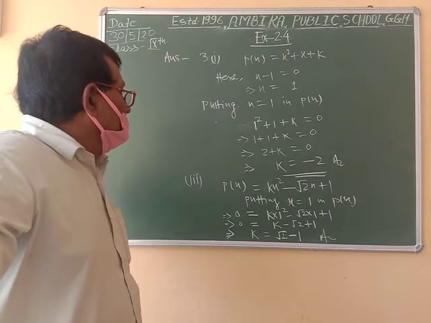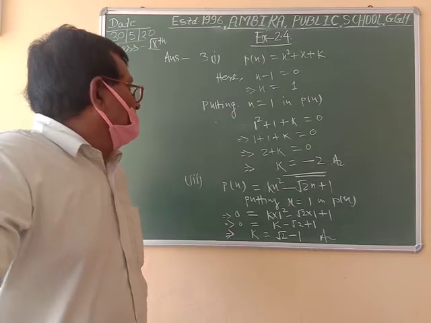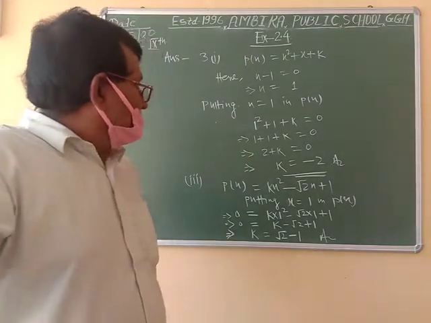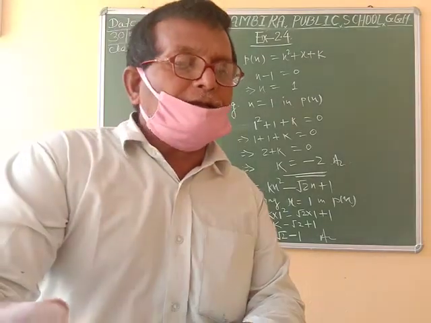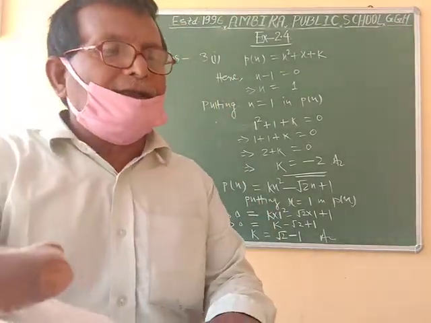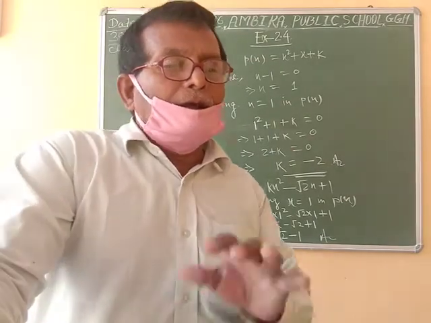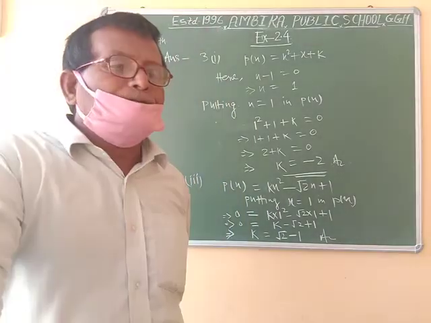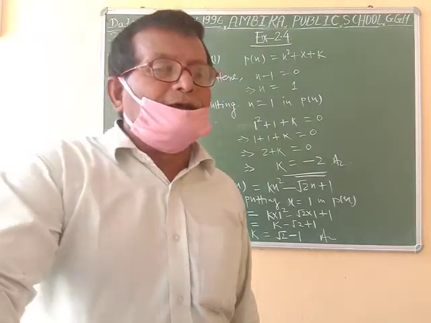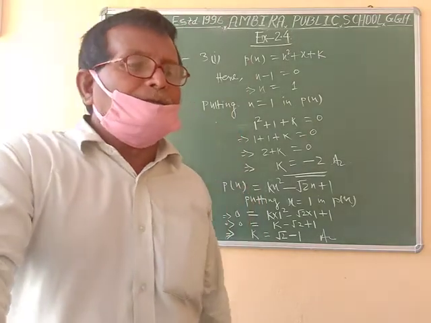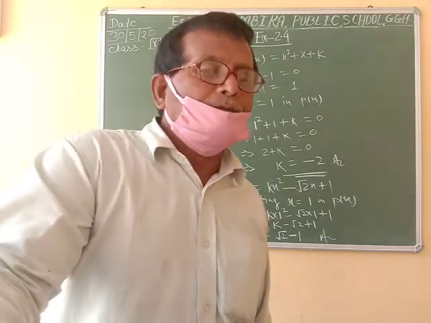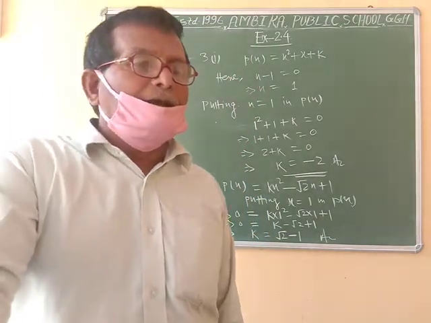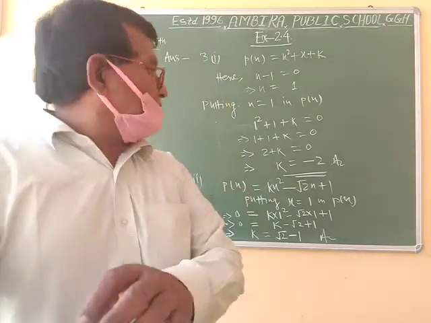In the previous class, I had solved examples using the remainder theorem, but in your exercise it is not given, only factorize. So you can solve it by any method, using the remainder theorem or the factorization method. We have only been asked to factorize 12x square minus 7x plus 1.